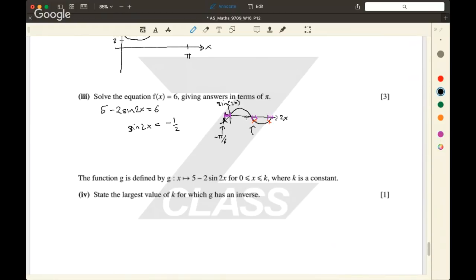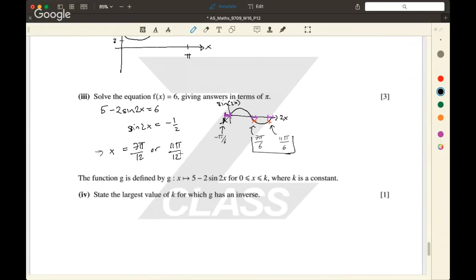So we know that if we take pi plus pi on 6, which is 7 pi on 6, that'll give us a good solution. And this one is going to be 2 pi minus pi on 6, which is 11 pi on 6. So this means that we have these two solutions for 2x, therefore x must be equal to 7 pi on 12 or 11 pi on 12.